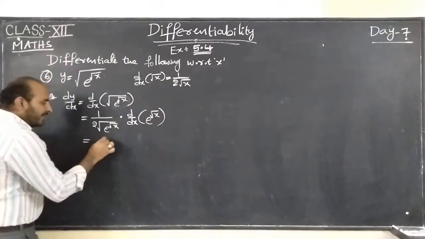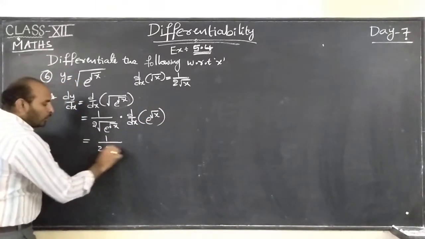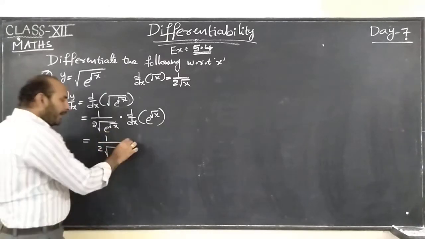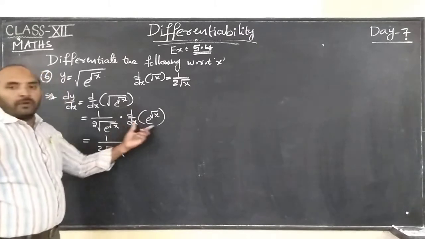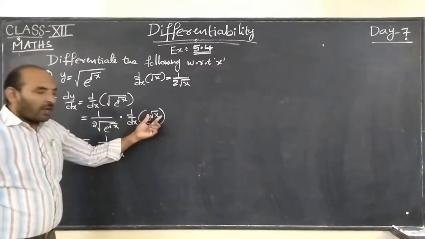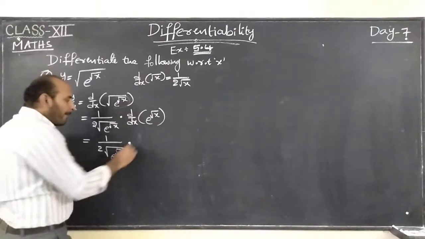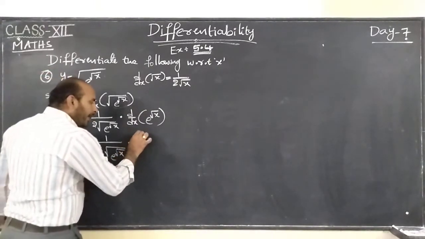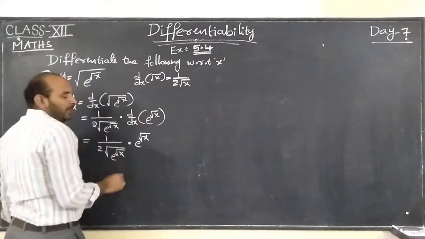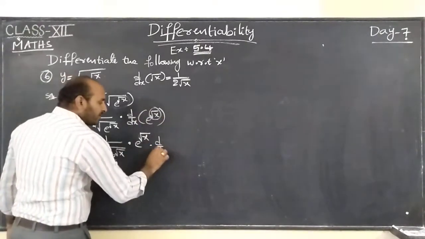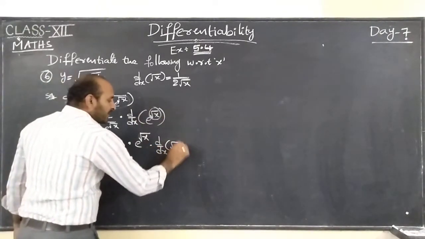So it is equal to 1 by 2 root of e power root x into the derivative of e power x. Instead of x, root x is given. Derivative of e power x is e power x, that x being root x, so e power root x, and the inner function again root x, d by dx of root x.